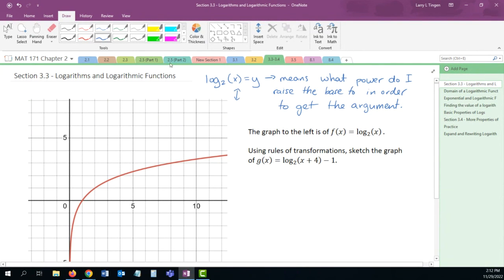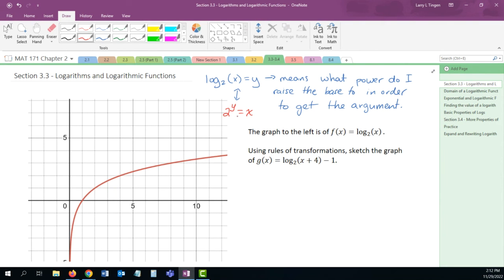So these do go back and forth between exponential and logarithmic notation. So that's 2 raised to the y equals x. Sometimes the best way to solve a logarithm is to rewrite it in exponential form and then just solve it. You get your exponential equation and then you can solve.